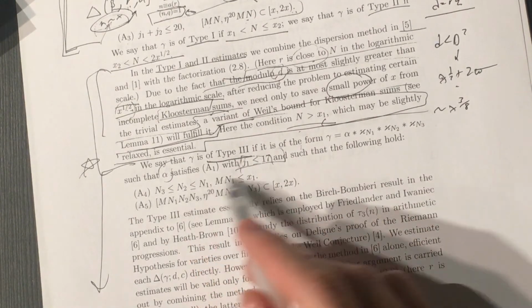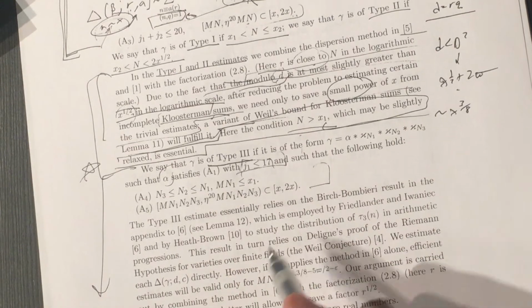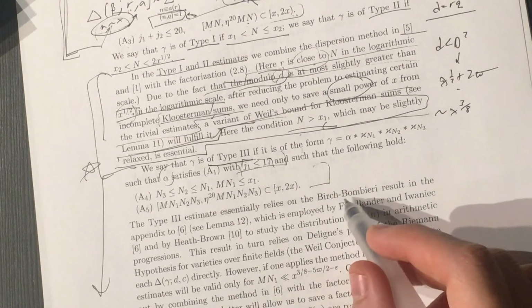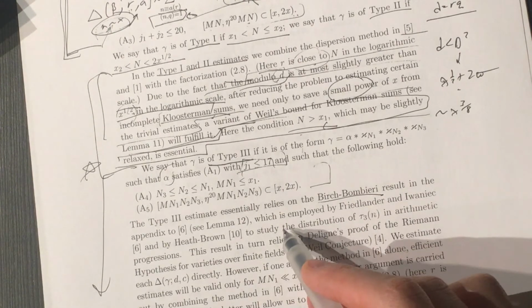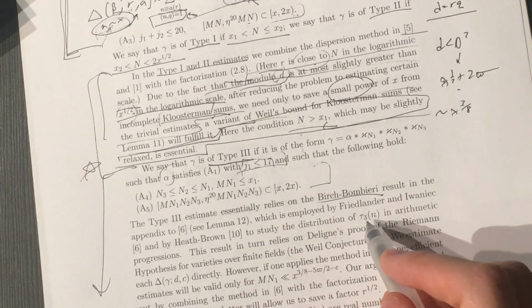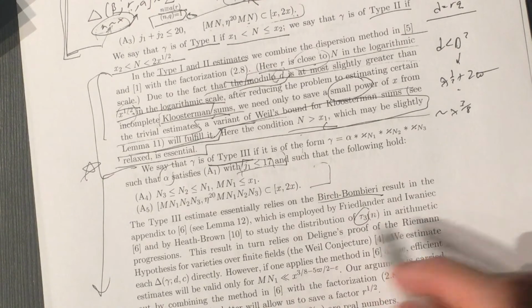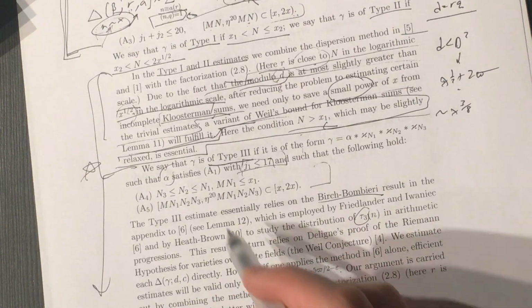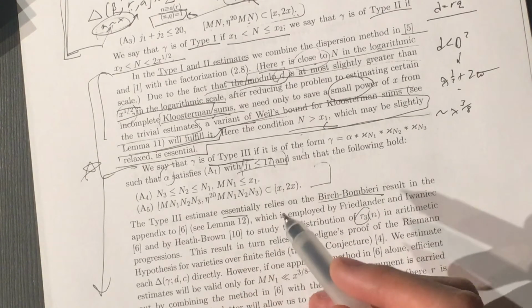And such that the following hold. Okay, sure, some conditions. This type 3 estimate relies on the Birch-Bombieri result in Appendix 2.6, which is employed by Friedlander and others to study the distribution of the divisor function d3 in arithmetic progressions. Okay, so he's outlining how he's going to go about this.